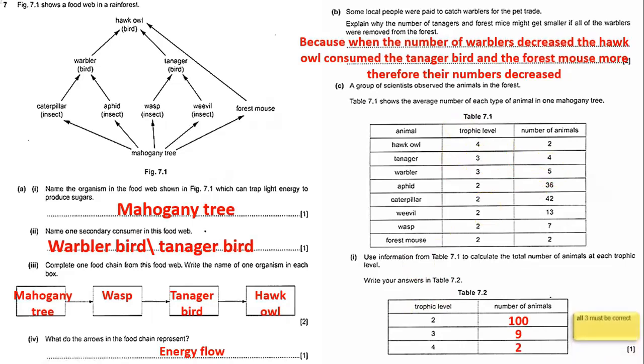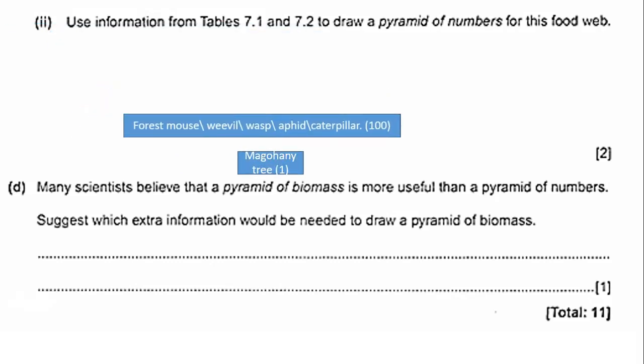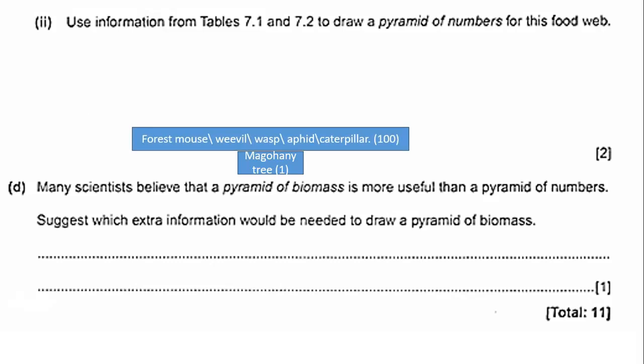Now you're asked to make a pyramid of numbers for this food web. So what are you going to do? The first level will be the mahogany tree. And then you will add all of the animals in trophic level 2 and make a much broader level than the one below. Make sure that the proportions are correct.